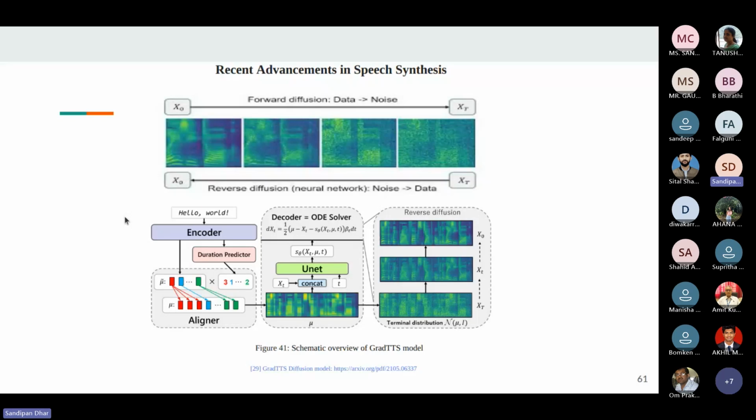Now, see, given the textual transcript "hello world", the encoder is encoding the data into latent space, and it is also trying to estimate the duration of the words. Now this duration gets multiplied with the encoder's information.